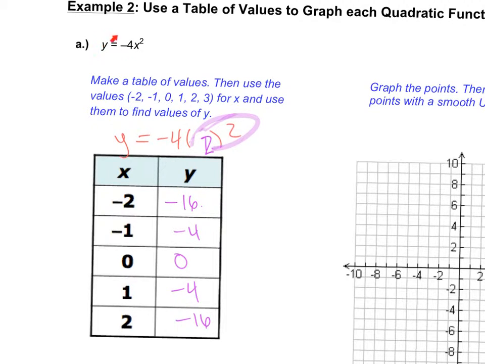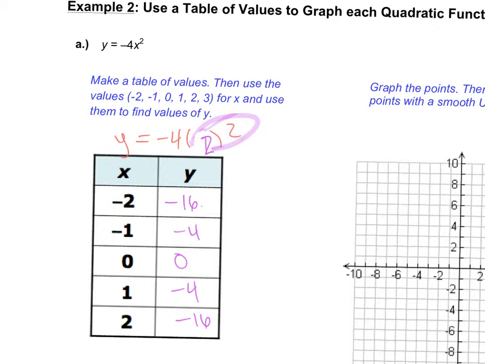First of all, we know it's not linear. We know it's quadratic because it's a power of 2. So I know it makes a U. When I look at it, I recognize that at 0, it becomes symmetrical.